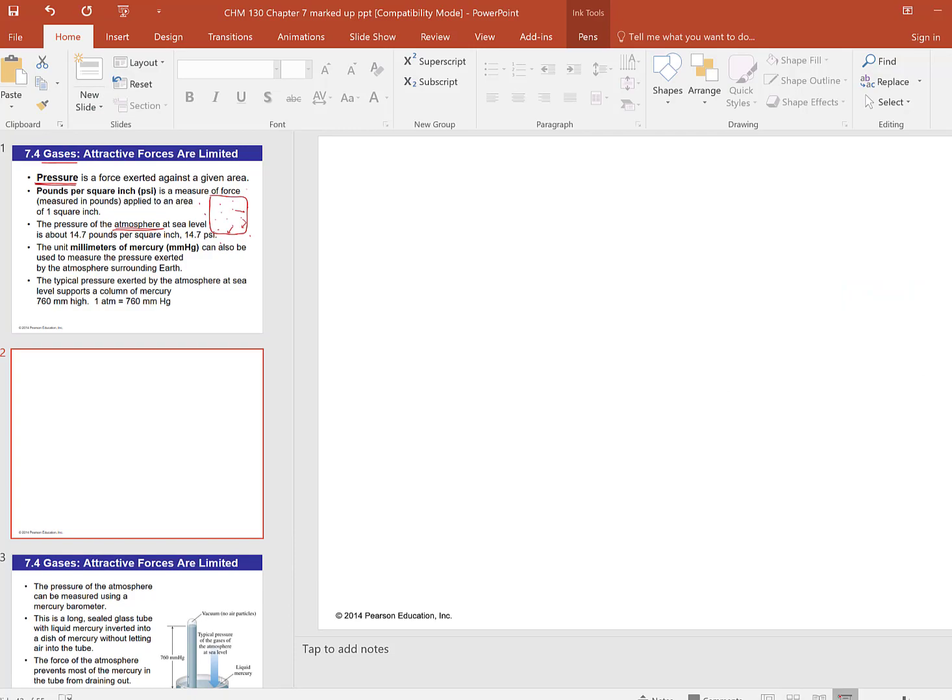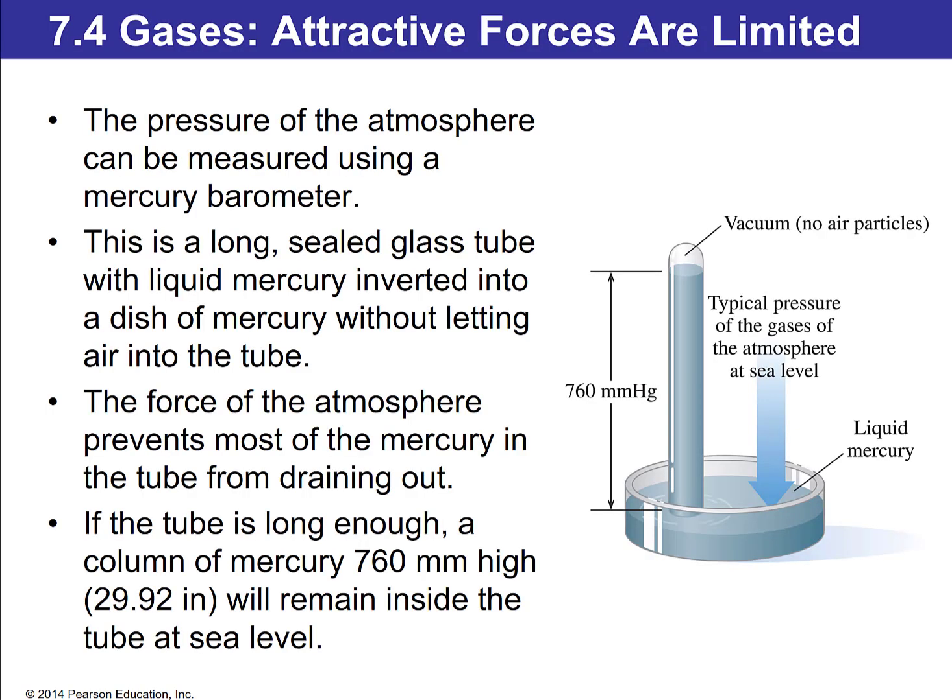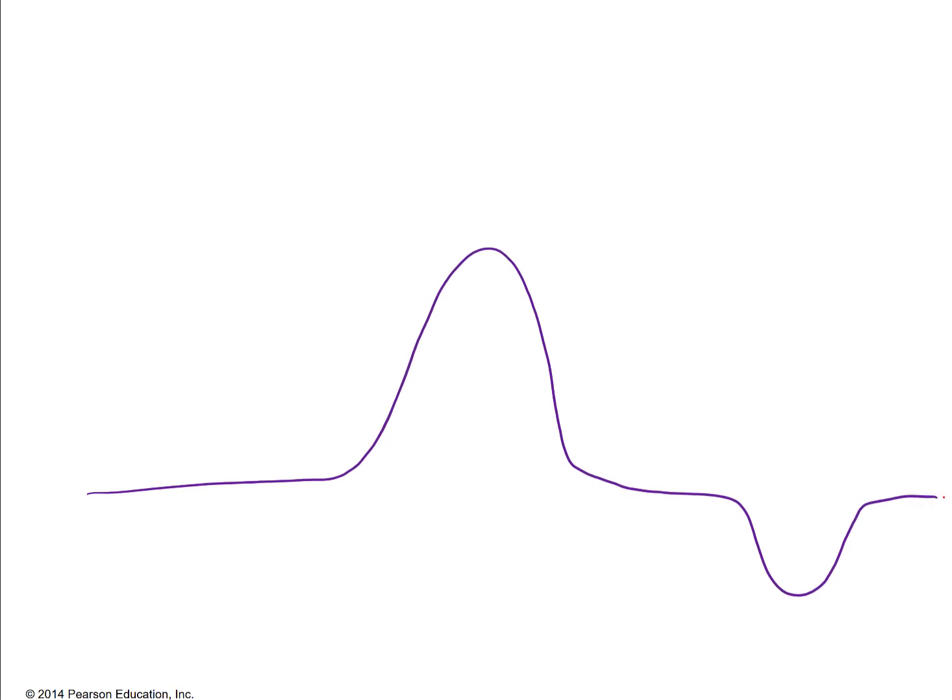It's easier to see it if I just draw it. Come on. Okay, so with pressure, if you live at sea level, or if you live up in the mountains, maybe you live down in a well.